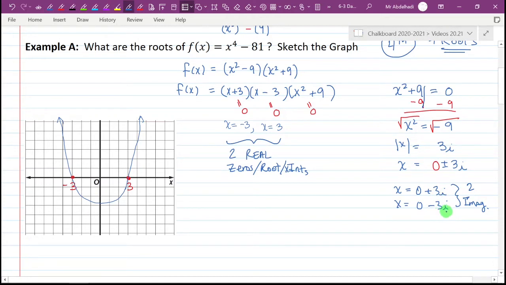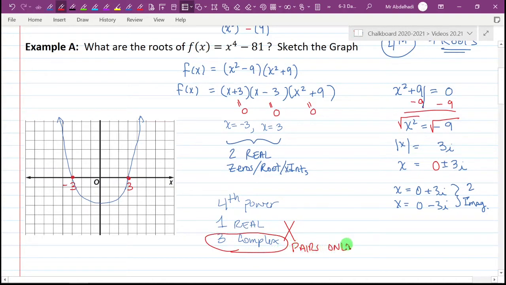There's always going to be pairs of 2. So is it possible with a 4th power function to get 1 real and 3 complex or 3 imaginary? No, this is not possible because the complex roots, the imaginary roots, have to come in pairs.